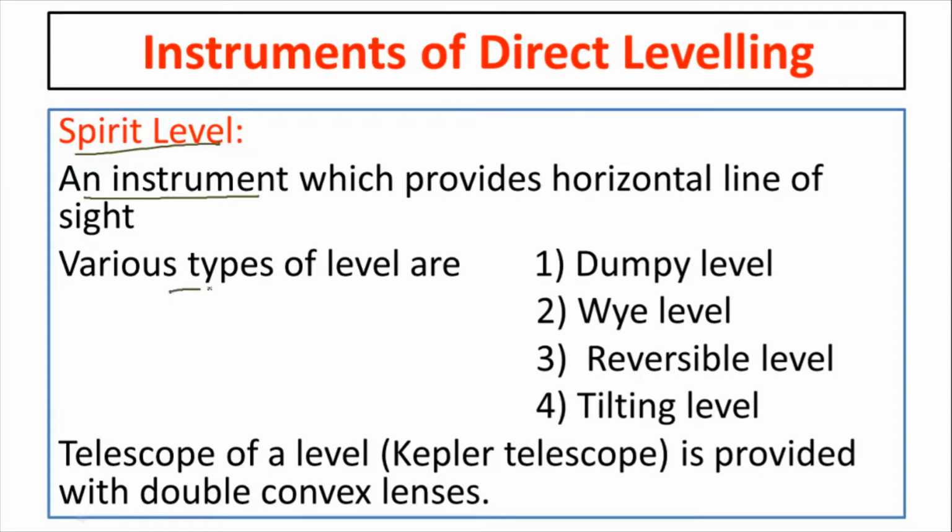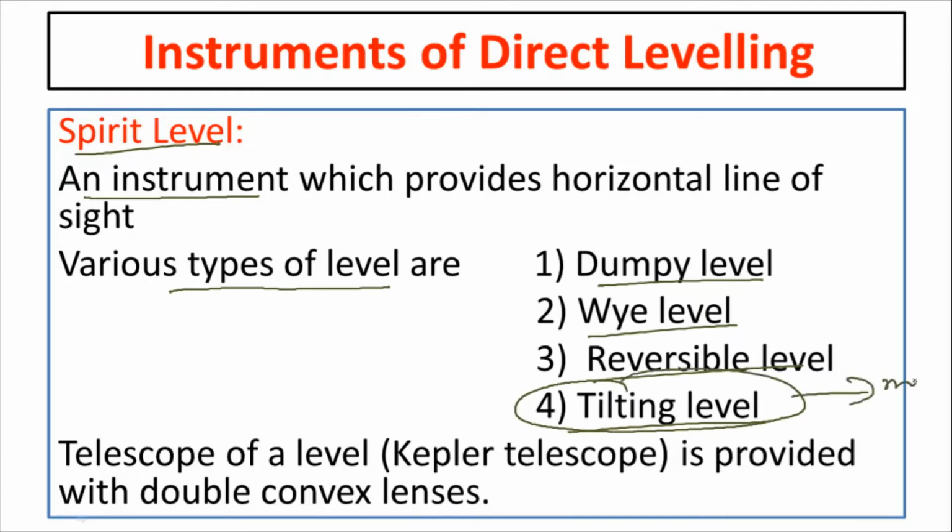The various types of levels are the dumpy level, Y level, reversible level, and tilting level. So there are four types of levels, and the one with which you can do leveling easily is the tilting level. It makes leveling easy.